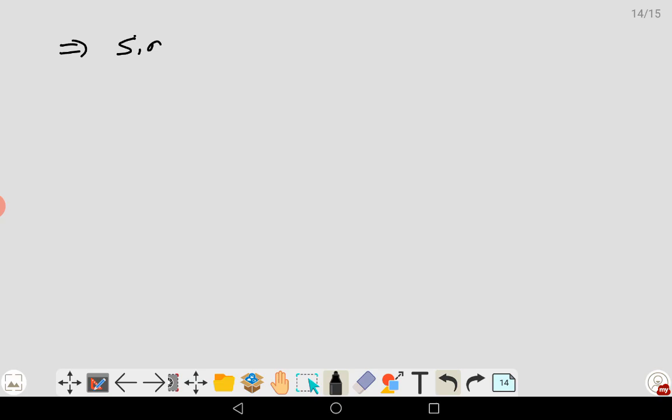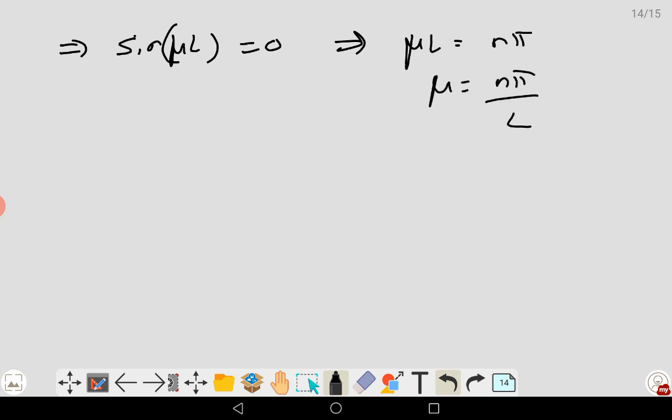This gives sin mu L is equal to 0. This implies mu L is equal to n pi, mu is equal to n pi over L. So lambda is equal to mu square, which is n square pi square over L square, isn't it?